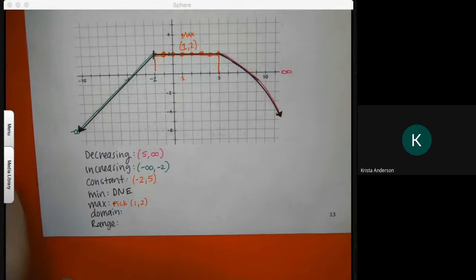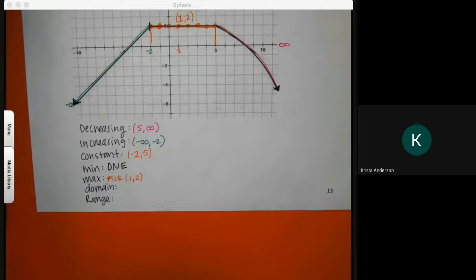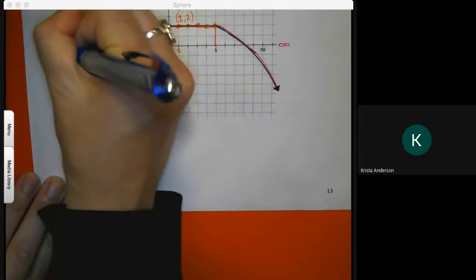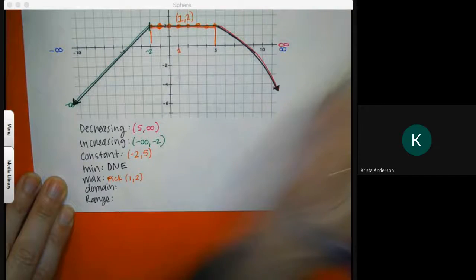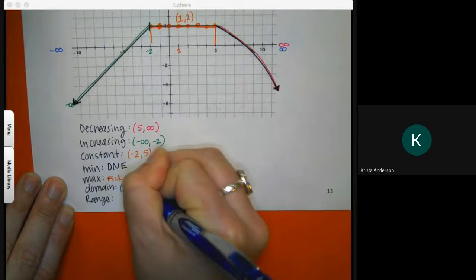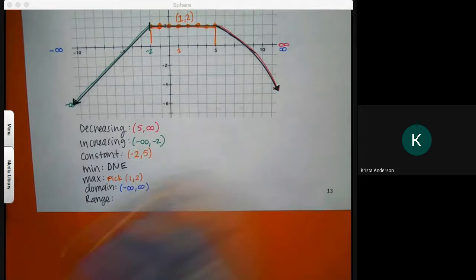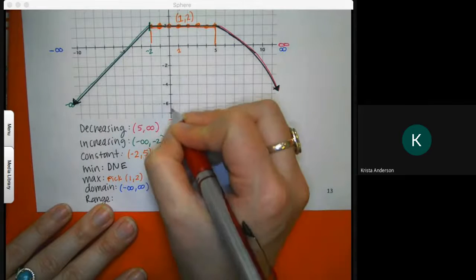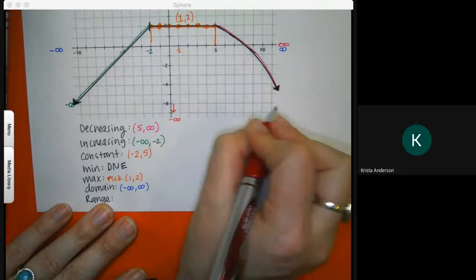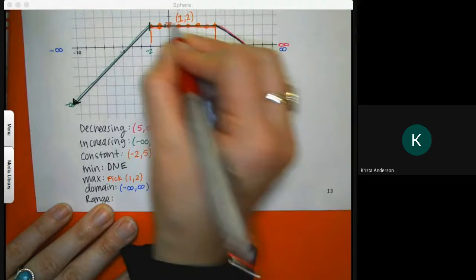My domain is left to right. My left number will continue to the left. My right will continue to the right, which means my domain is negative infinity to positive infinity. My range is my low number, which will continue to go down forever because of the arrows on both sides, but it stops at 2.